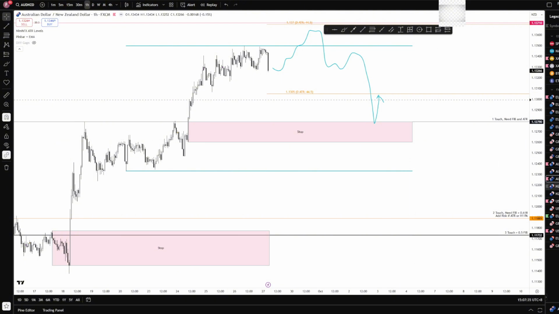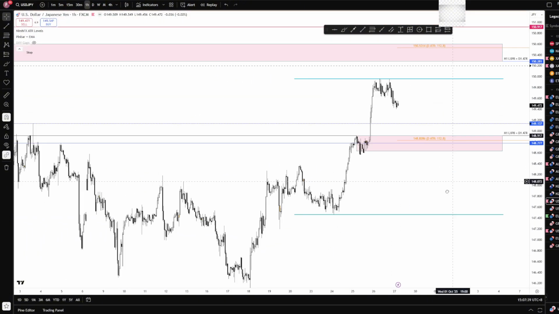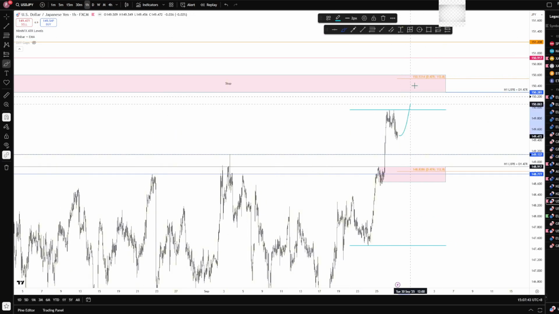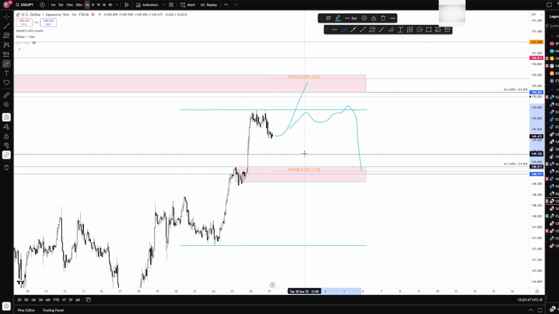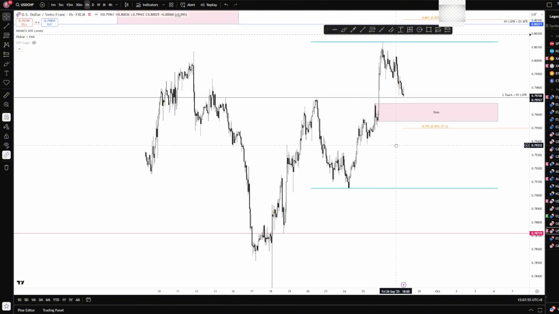Another one is dollar JPY. Basically I marked out two boxes, so if price goes up swiftly or comes down swiftly, I'll be taking both areas. You can see the levels over here. The last one I have is on dollar Swiss.